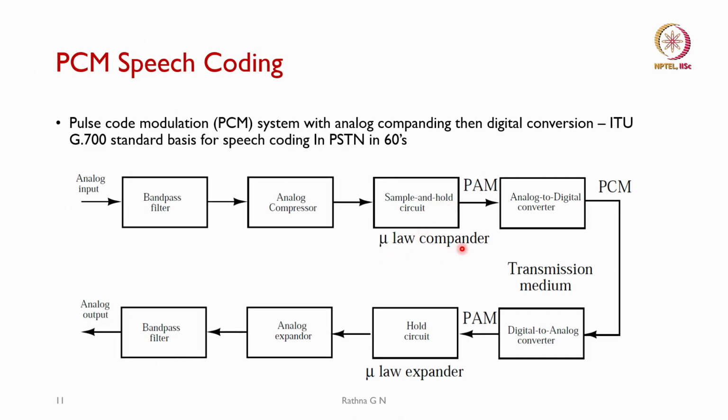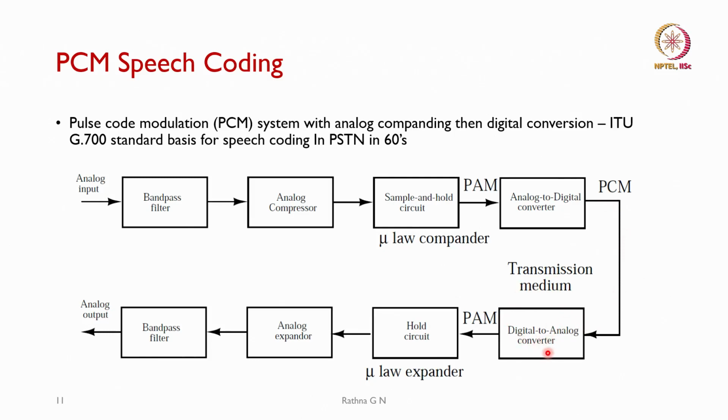So, which is going to use the mu log compander, and then the output we will be getting is a pulse amplitude modulated (PAM) signal basically. Then we will do the analog to digital conversion, which is known as pulse code modulation here, and we will be putting it in the transmission medium.